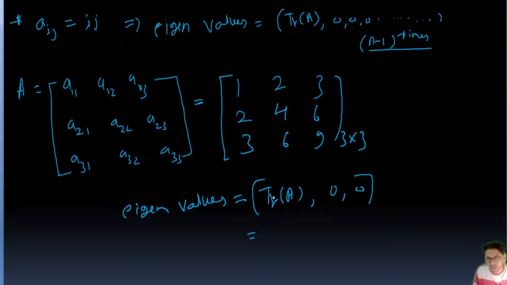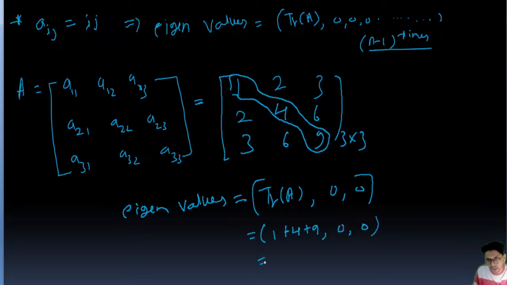Trace means the sum of diagonal elements, so 1 plus 4 plus 9 is 14. So the eigenvalues are 14, 0, 0. And here the degeneracy of 0 is n minus 1 times.